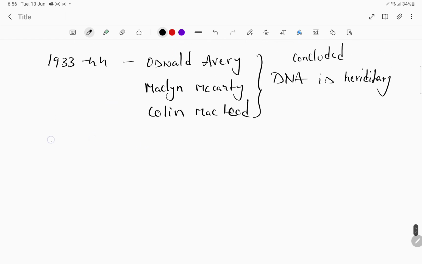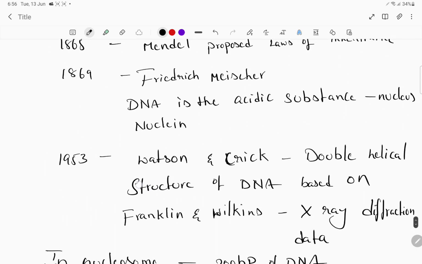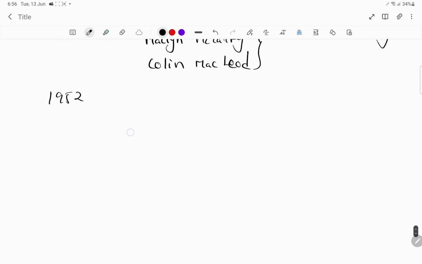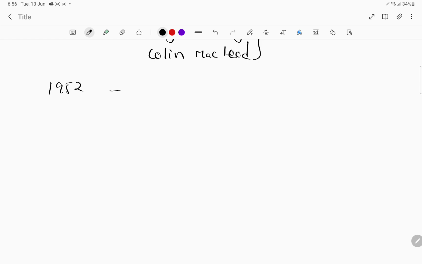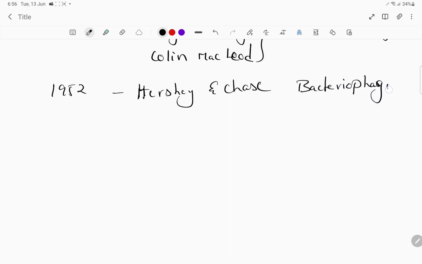Later on, in 1952, finally Hershey and Chase conducted the experiments on bacteriophages and finally confirmed that DNA is the genetic material.